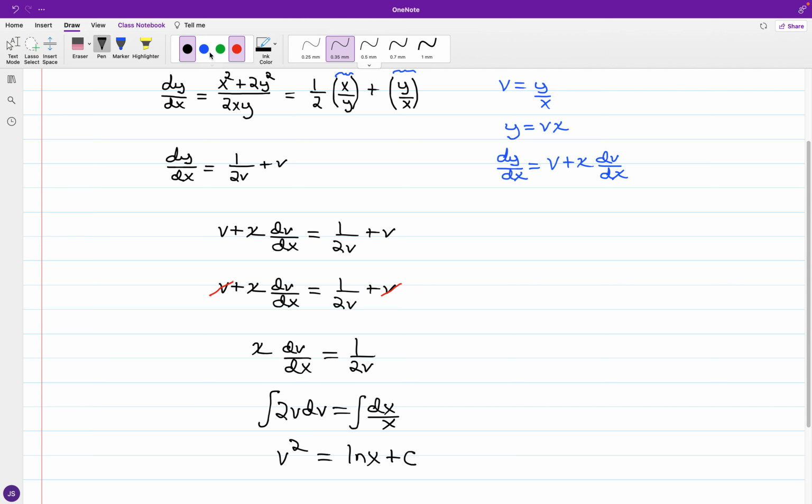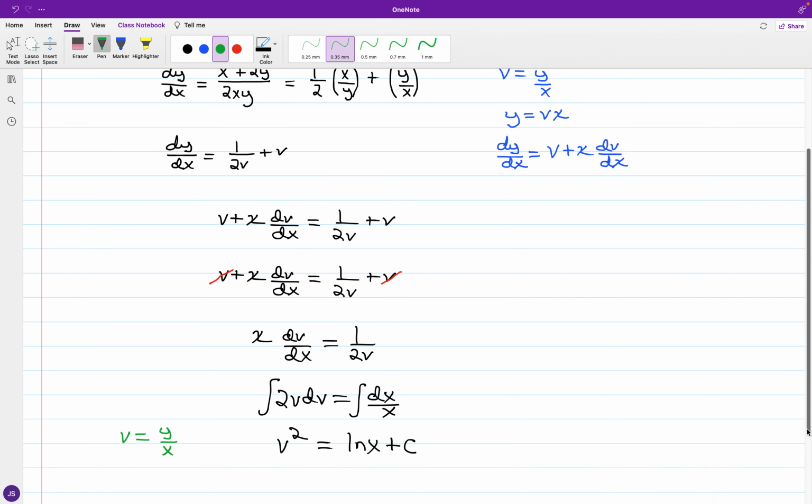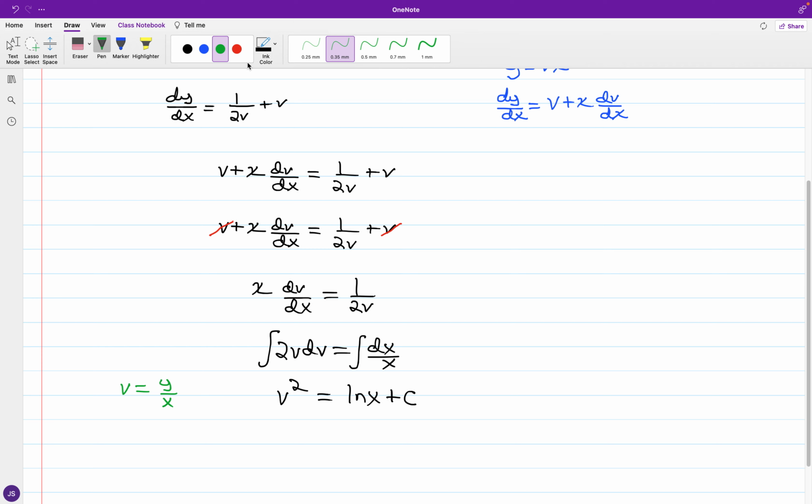Since we have that v is equal to y over x, I can replace v with y over x. So I'm going to have y over x quantity squared is equal to the natural logarithm of x plus c.